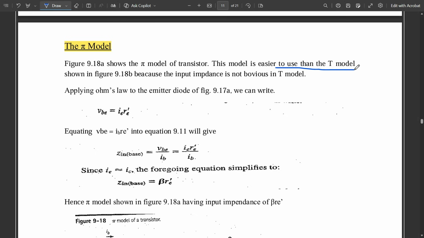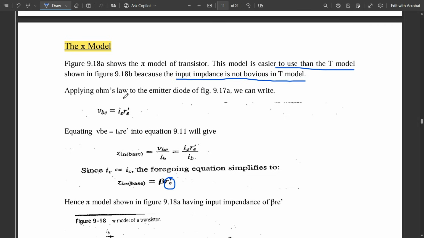This model is slightly easier because the input impedance is not obvious in the T model. In this case the input impedance parameter varies only with respect to the emitter AC resistance, there won't be any voltages here, and there is one amplification factor, that is called beta.